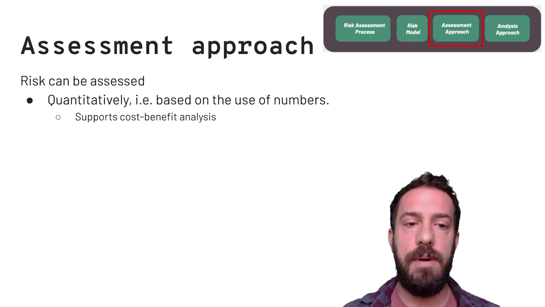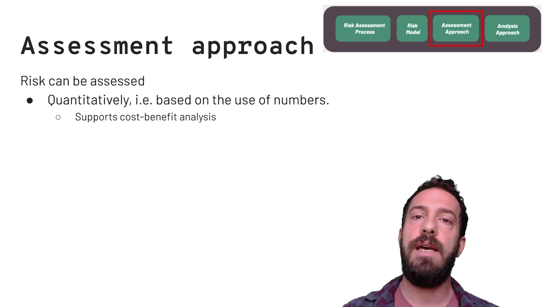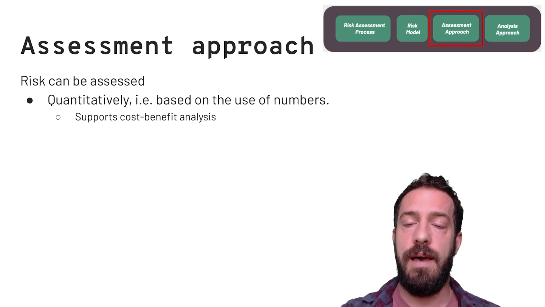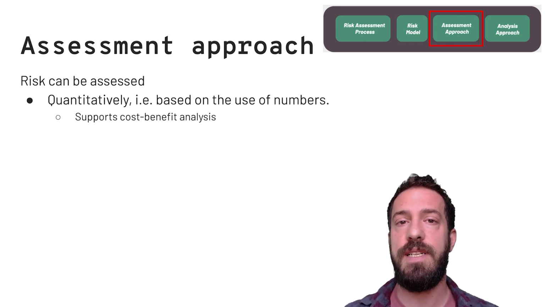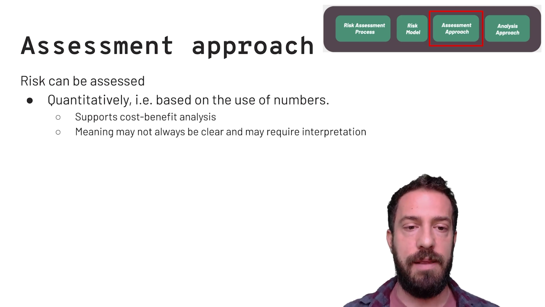So using numbers can support proper cost-benefit analysis. For example, what happens if you respond to all the risks above 7, and you can get back what are the benefits you get from that.